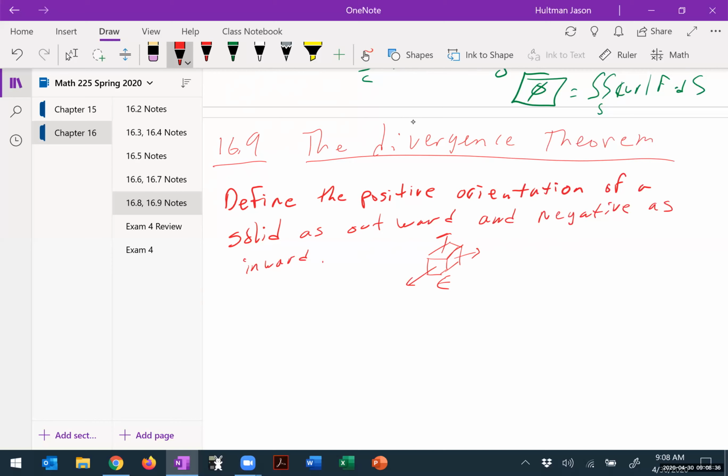If E is expanding, then we say that's positive orientation. If E is compressing, that is negative.